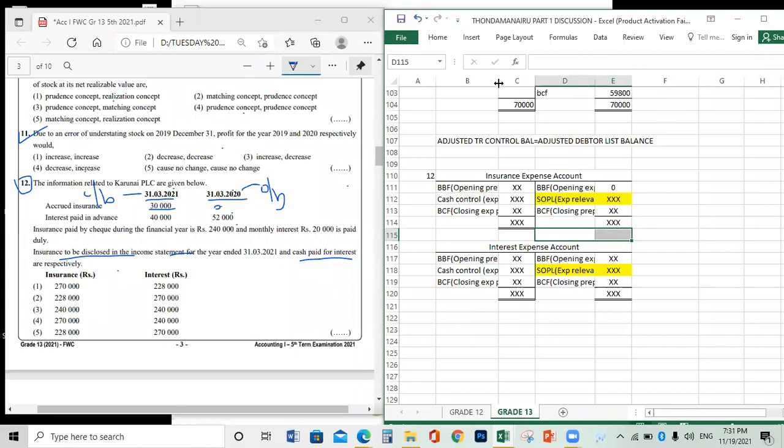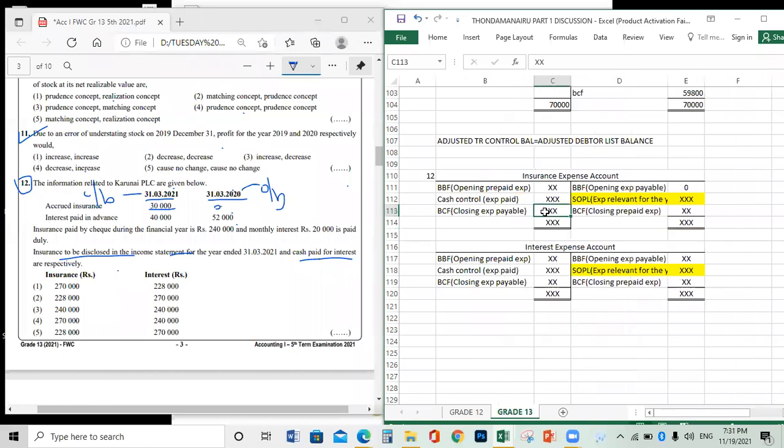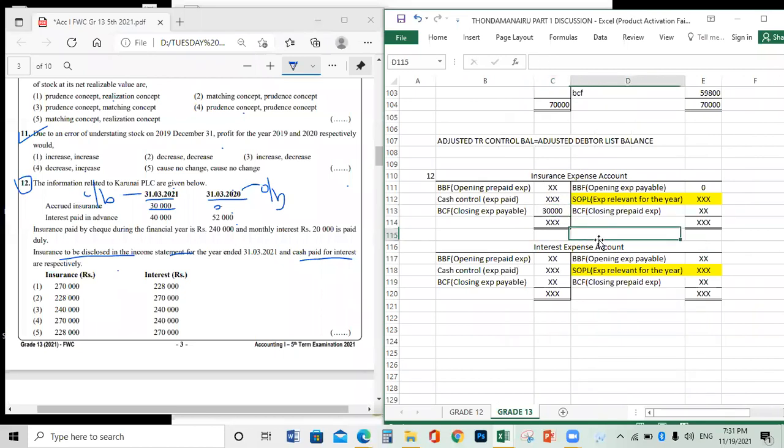If the BBF comes on the credit side, the balance carried forward should come on the debit side. Which side, guys? Debit side. So go to your debit side and record here 30,000. That is the closing payable. Clear?